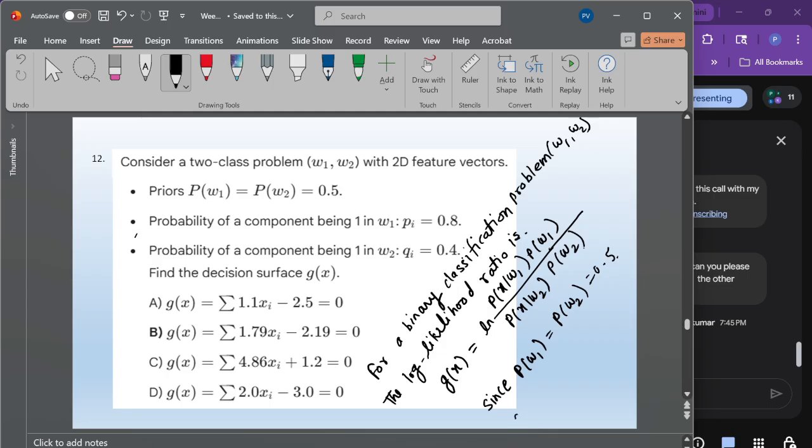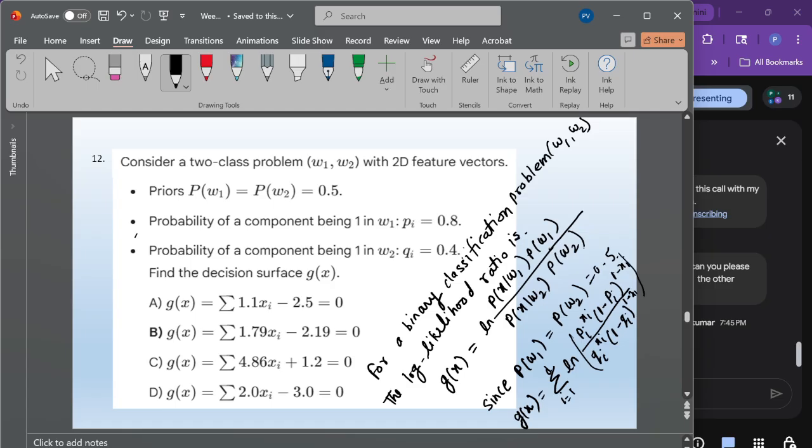So g of x can be written as a summation over i equal to 1 to d, where d is the dimension, of ln of pi to the power xi times 1 minus pi to the power 1 minus xi, in the numerator, over qi to the power xi times 1 minus qi to the power 1 minus xi.